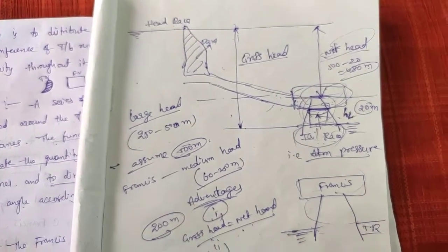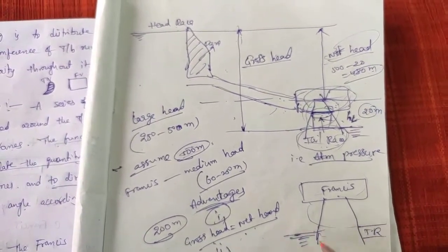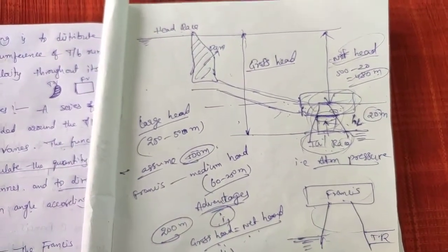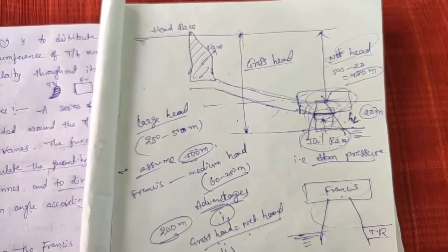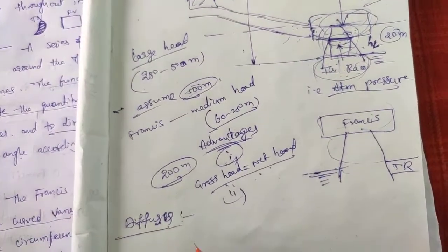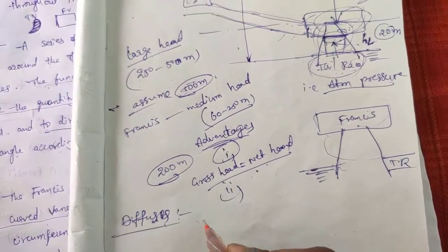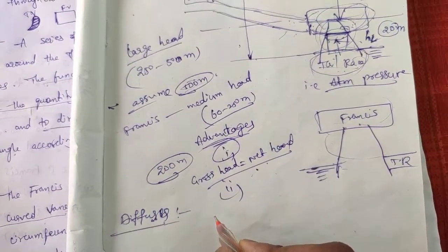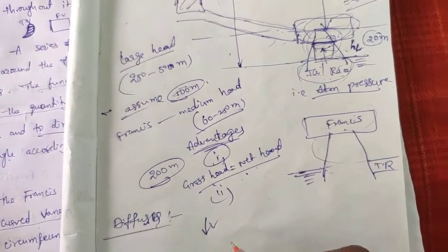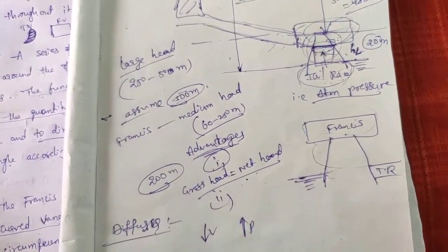Another advantage is that this draft tube is similar to a diffuser. You already studied the diffuser. What is meant by a diffuser? The main function of a diffuser is to decrease the velocity and increase the pressure.